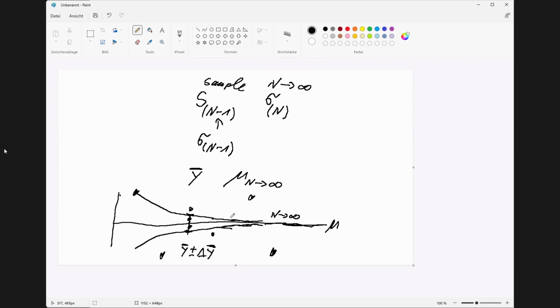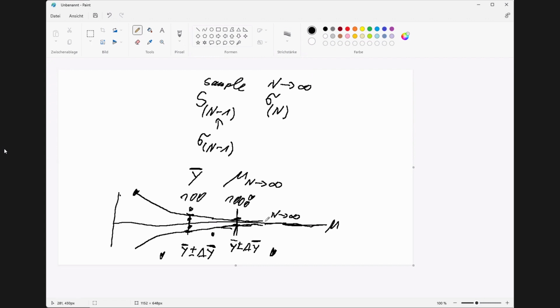And when you have more measurements, maybe here you have 100, here you have 1000, then the difference is much smaller. But also here you have a mean plus minus a delta of the mean. The delta is much smaller than here, but there is also a delta.